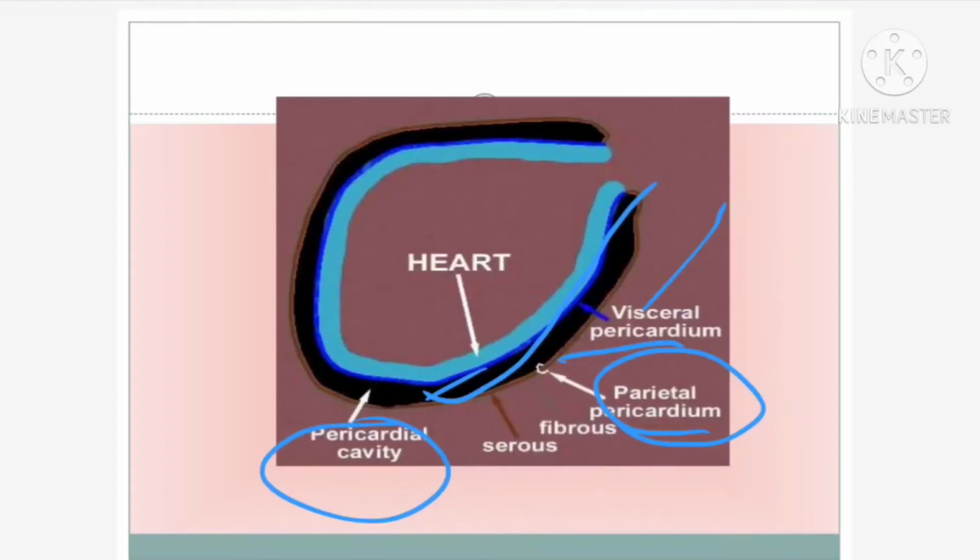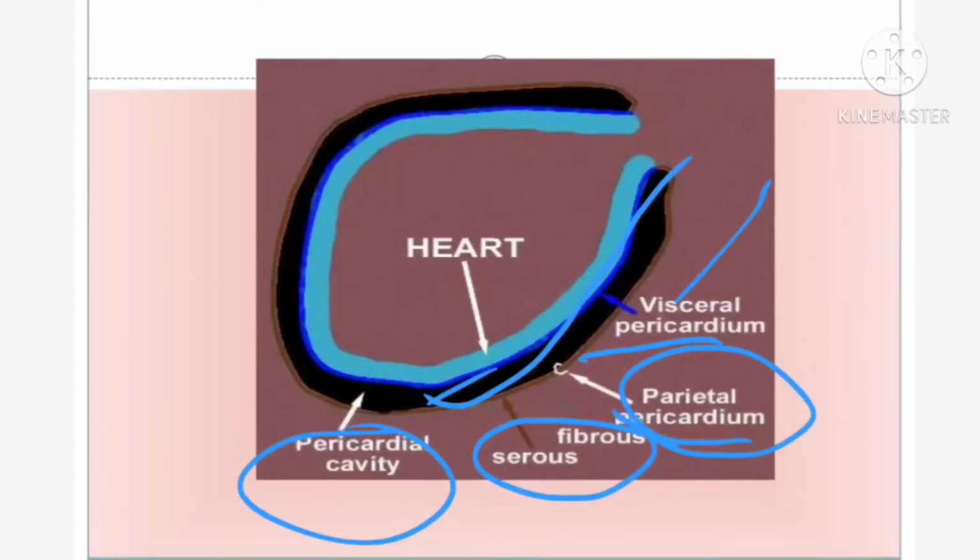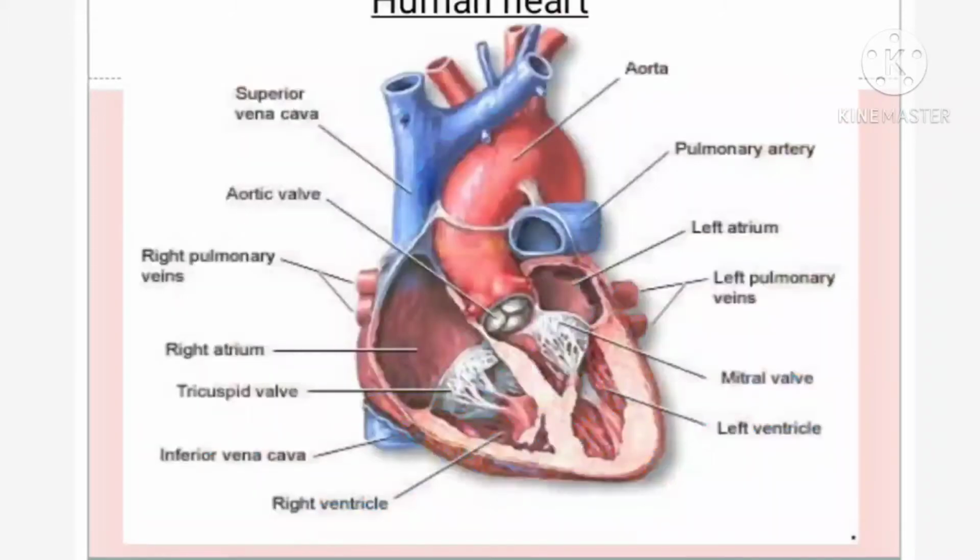The pericardial cavity, filled with pericardial fluid, and when you are seeing the pericardial cavity, you find that they are made up of some sort of fibrous tissue, serous fibrous tissues they are composed of. Okay.